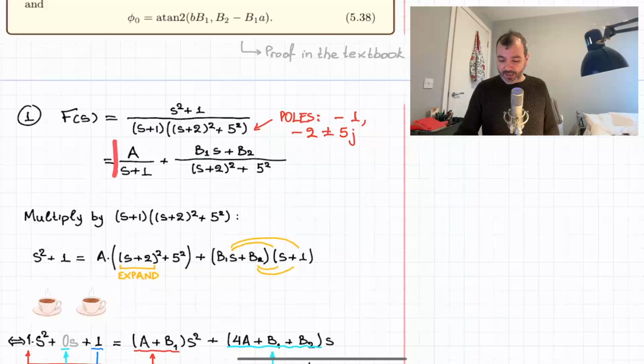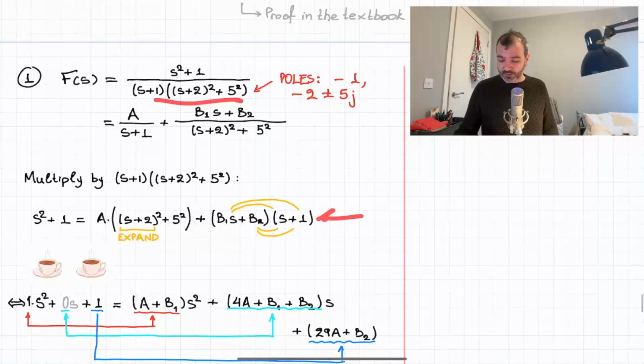So we have a over s plus 1 from the term s plus 1. And for this part, we have what we said before, b1s plus b2 over this term that has a pair of complex conjugate roots. So we'll multiply by the denominator and we end up with this equation over here.